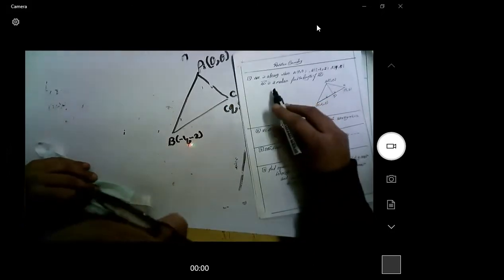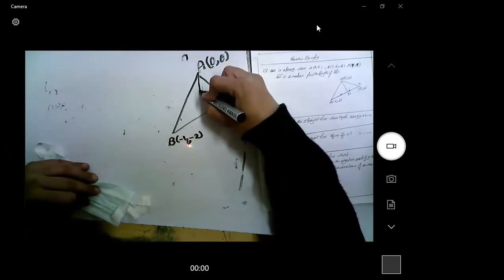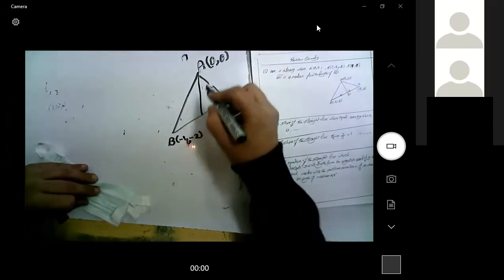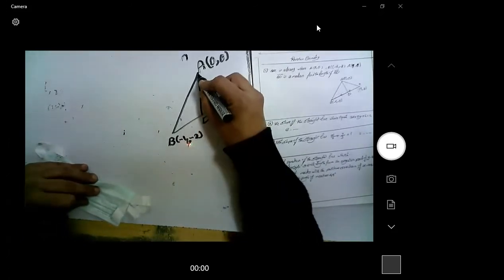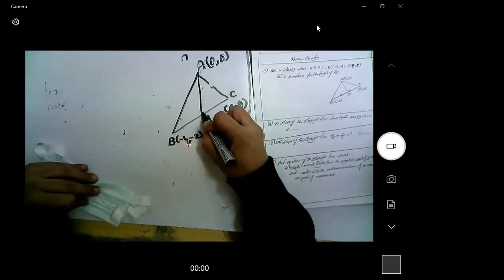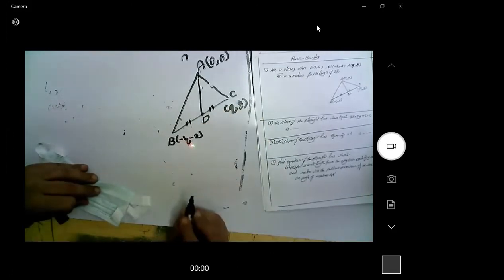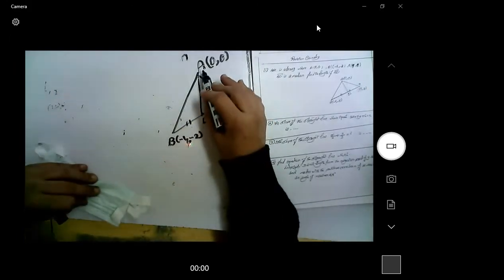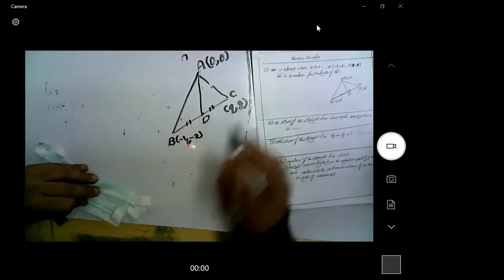AD is a median. You know that the median is a line segment drawn from the vertex to the midpoint of the opposite side. Now, the point A is 0, 0, the point B is -1, -2, the point C is 9, 8.